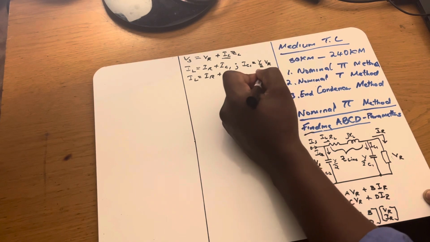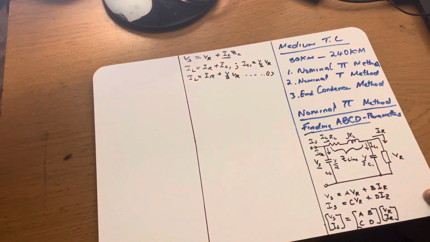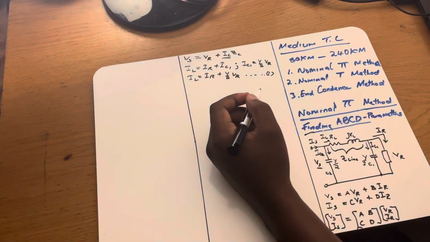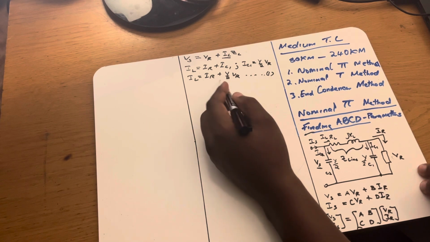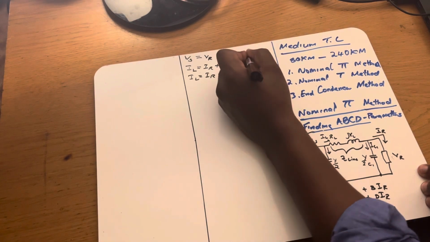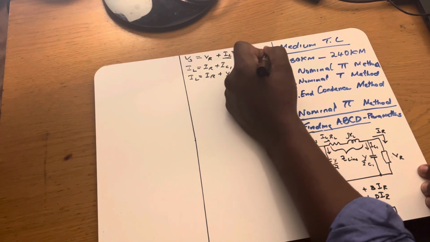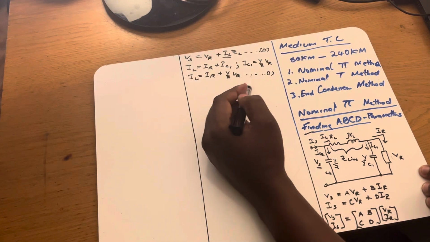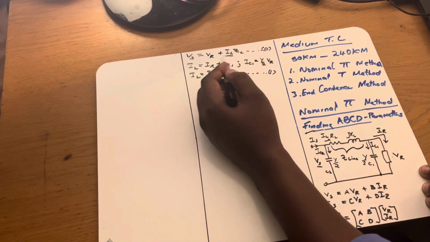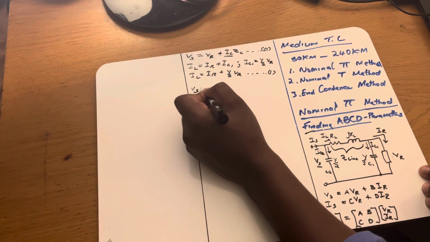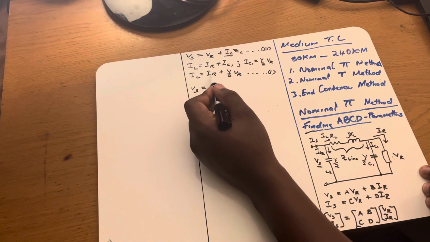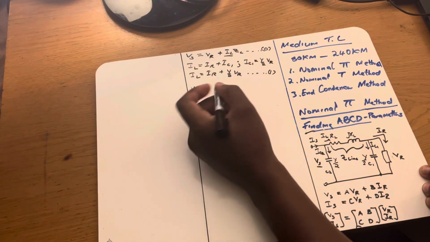Let's call this equation 1. Now substituting this into this equation, let's call this one equation 0. Substituting this into equation 0 in the place of IL, we're going to have VS equals VR plus all of this multiplied by Z line.